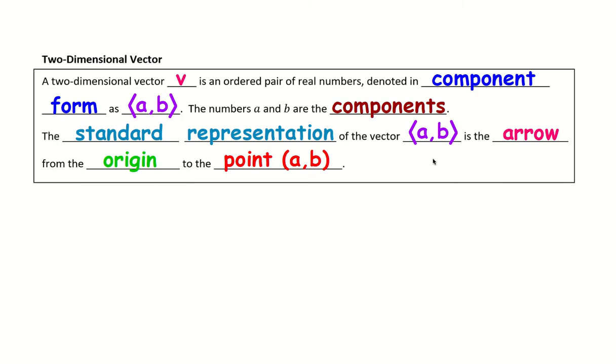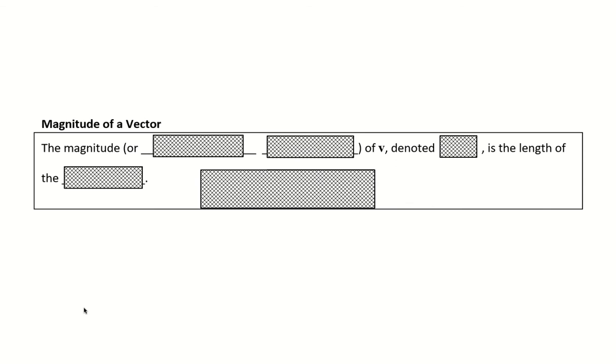Standard representation of a vector is the arrow from the origin to the point (a, b), literally in the xy plane. Again, I'm moving on. I don't want this video to last 5 hours. It won't, but again, pause, write down notes, whatever.